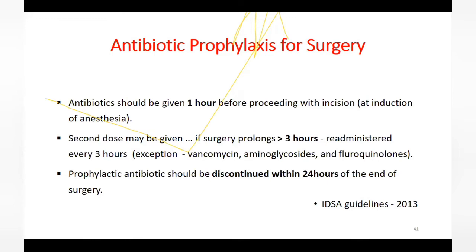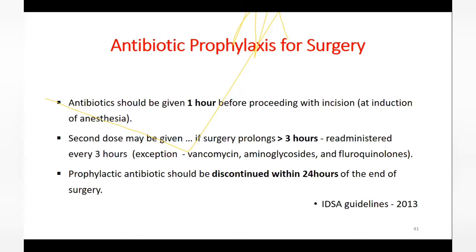We all know that vancomycin, aminoglycoside, and fluoroquinolones are time-based antimicrobials. That is, they need a once a day antimicrobial prescription. So for such antimicrobials, the second dose of the prophylactic antimicrobial should not be given. Prophylactic antibiotics should be discontinued within 24 hours of the end of surgery, except for CABG, where it can be given till 48 hours. Otherwise, the antibiotics should be discontinued.